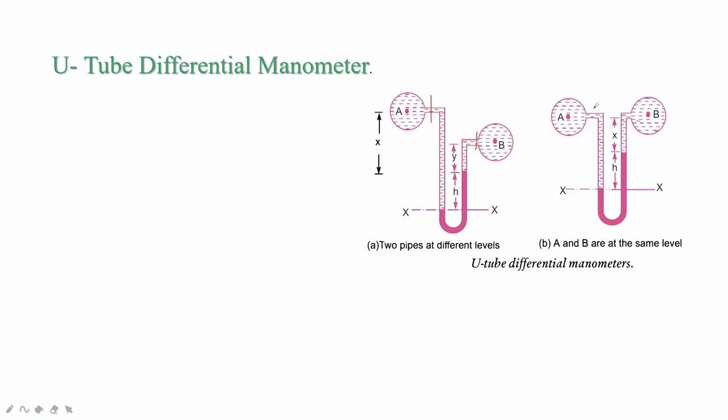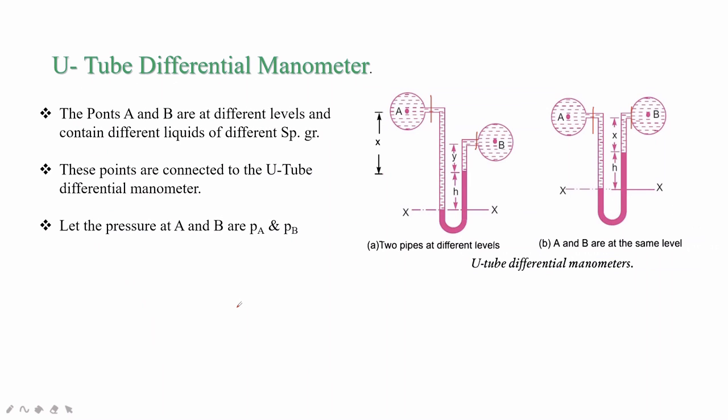When they are at the same level, it is connected at the same level. In this U-tube differential manometer, the pressure at A will be PA and the pressure at B will be PB, same as we did in earlier slides.